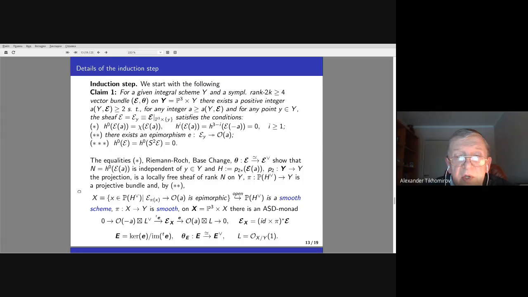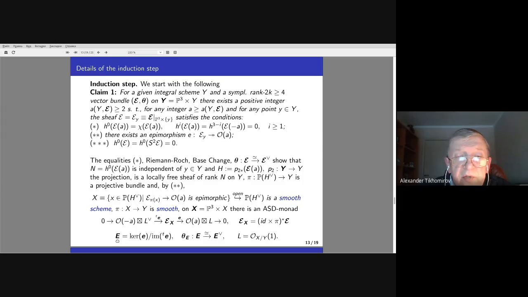So on X times P3, which I denote by this bold X, there is an anti-self dual monad with E_X in the middle, where E_X is just the lift of E onto this X via the projection pi. And L is nothing but the Grothendieck sheaf O_{X/Y}(1).